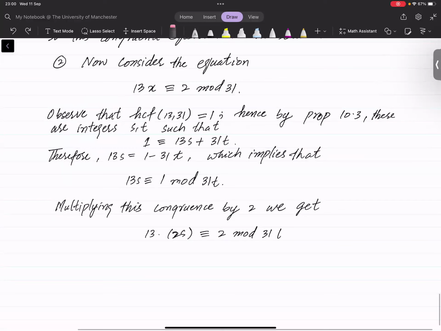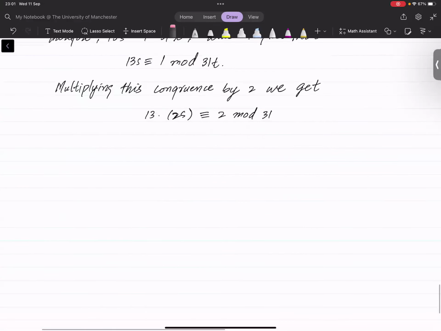In other words, x equals 2s is a solution to the original congruence equation.